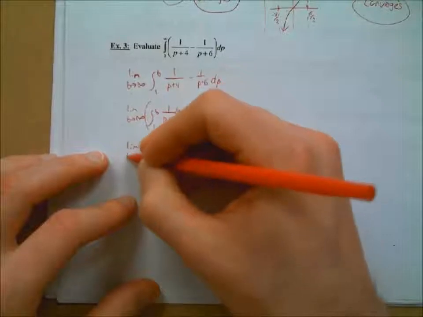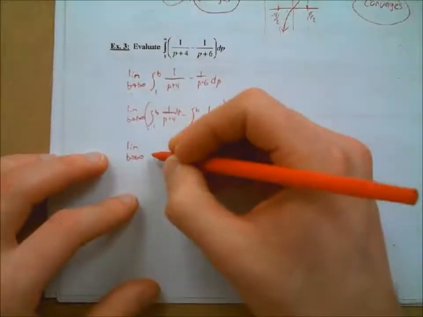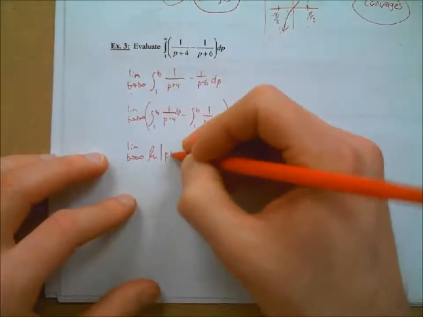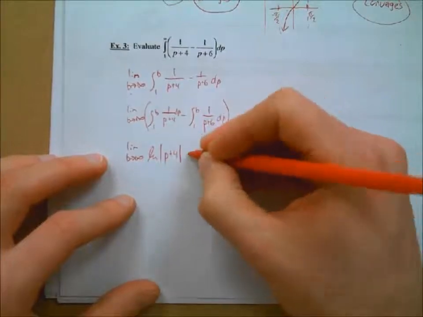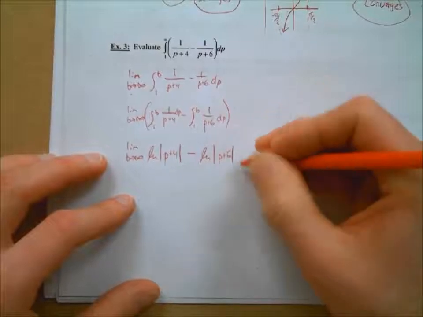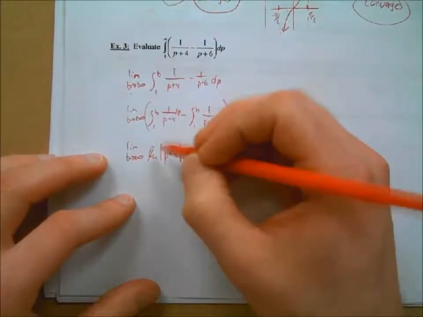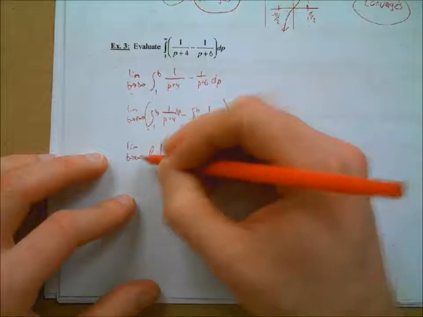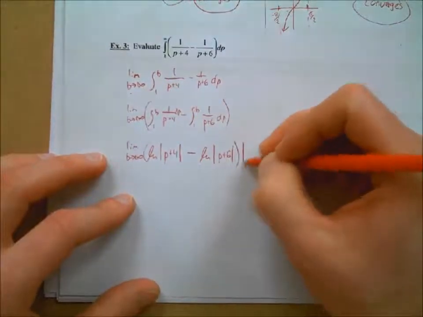And so it's the limit as b approaches infinity of the natural log of the absolute value of p plus 4 minus the natural log of the absolute value of p plus 6. Okay, and again, we're going to evaluate that from 1 to b.